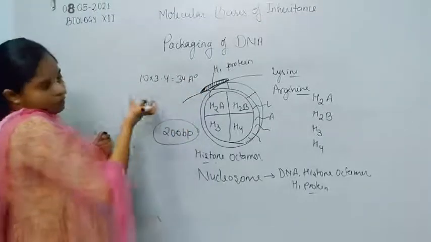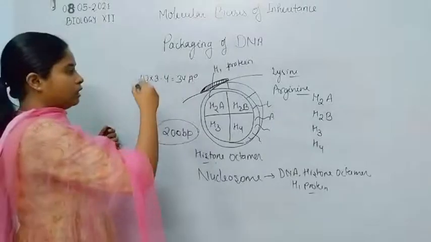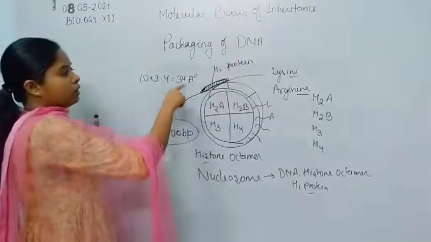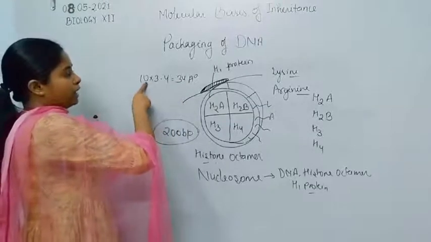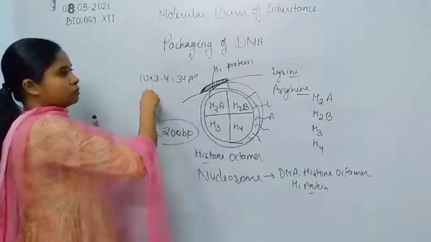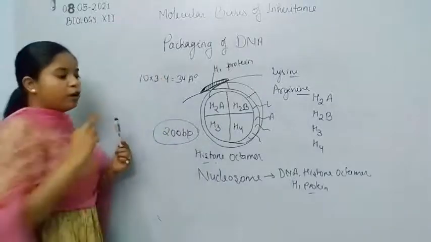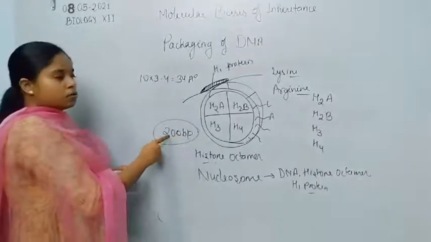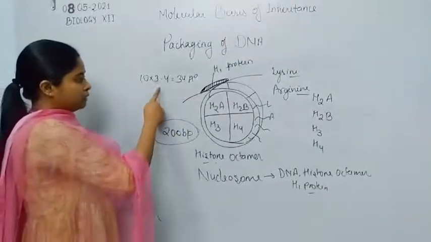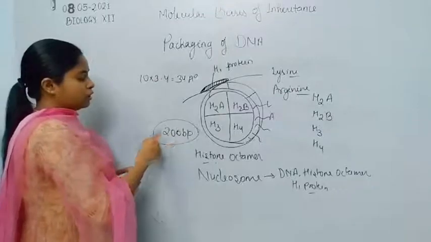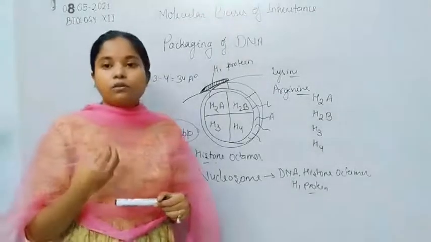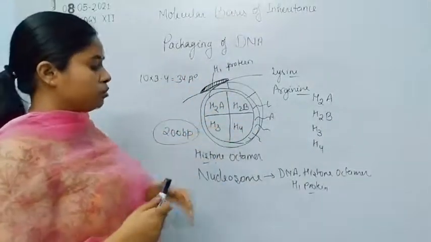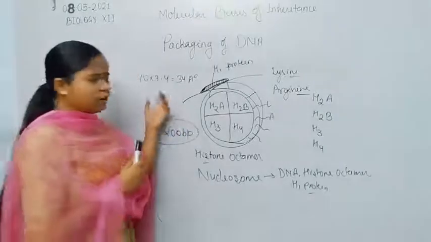As we already saw in the structure of the DNA molecule, the length of one coil is 34 angstrom, has 10 base pairs, and the distance between two base pairs is 3.4 angstrom. So we can include this data here: we multiply 3.4 angstrom by 200 to calculate the length of the DNA molecule present over the histone octamer.